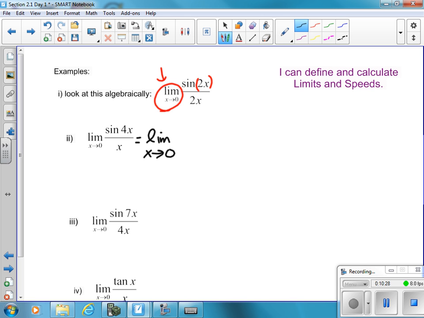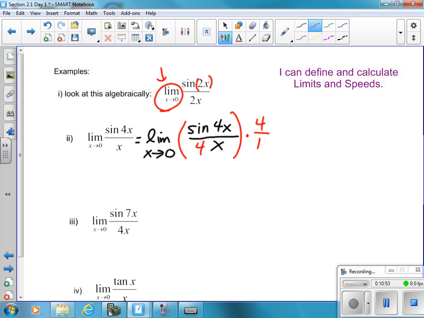And so what we want to do is take sine of 4x over x, but we want to make it equal to 4x on the bottom. So if I multiply the bottom by 4, then I also have to multiply the top by 4, to keep that an equal algebraic sentence.